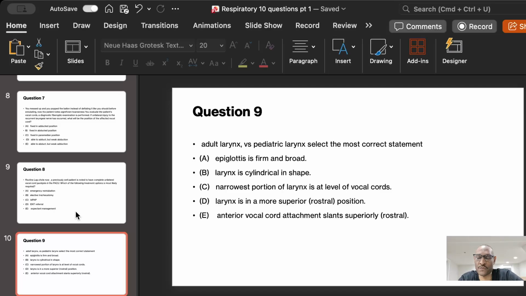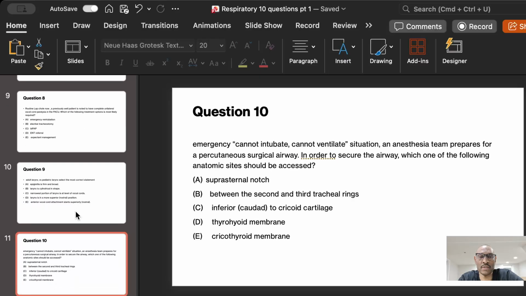Okay. Tough questions, easy questions, let me know. Or just right. And emergency cannot intubate, cannot ventilate situation. Anesthesia team prepares for a percutaneous surgical airway.